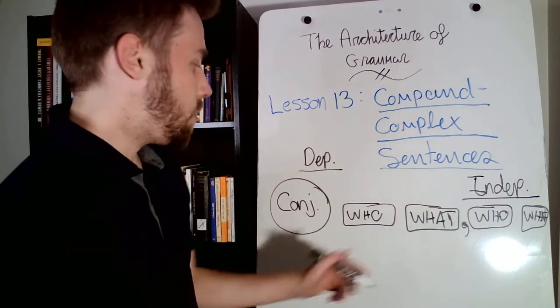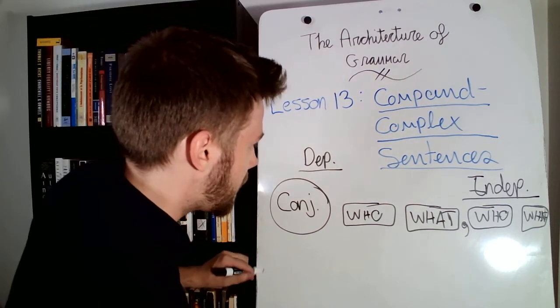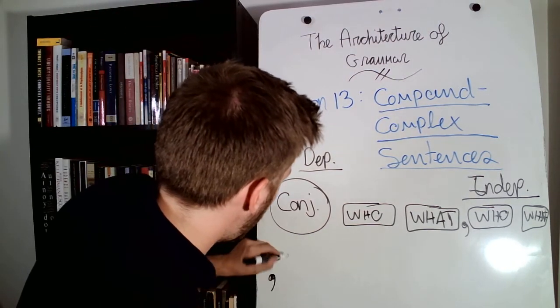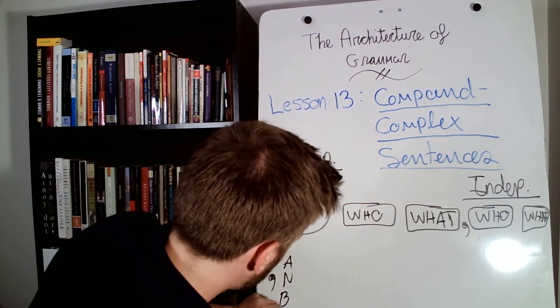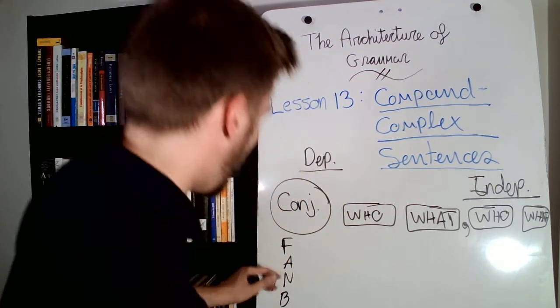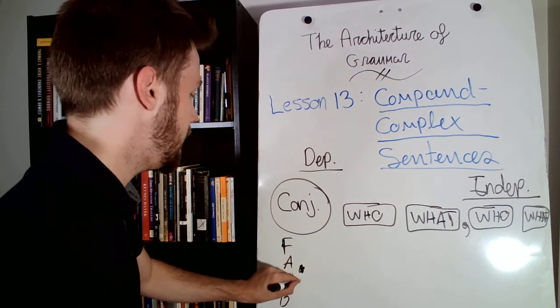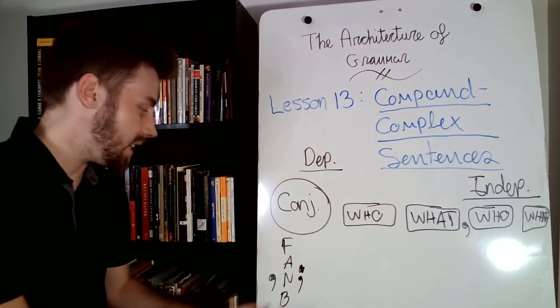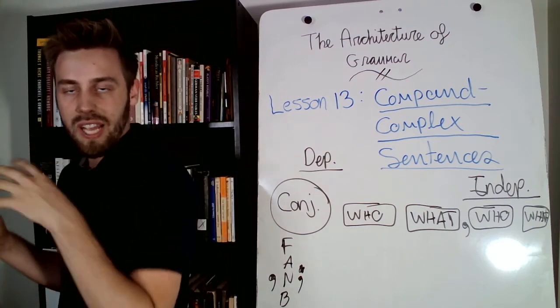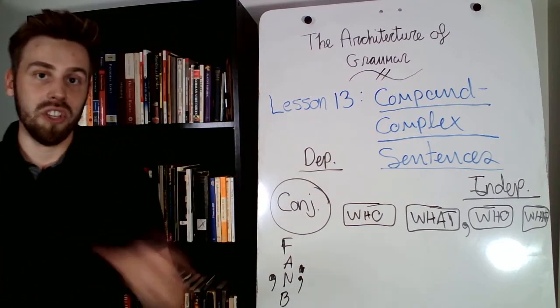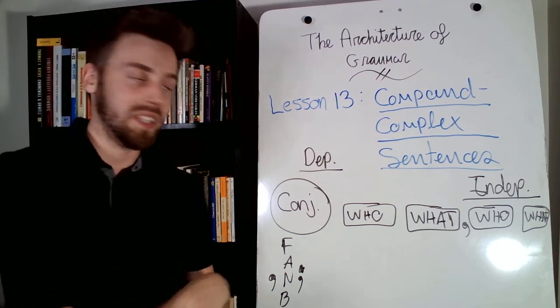And then we're either going to have a comma with one of the fanboys or a semicolon. If you don't understand what this is, don't worry just yet. As I said, we're going to cover the punctuation in the next videos coming very soon in the series.